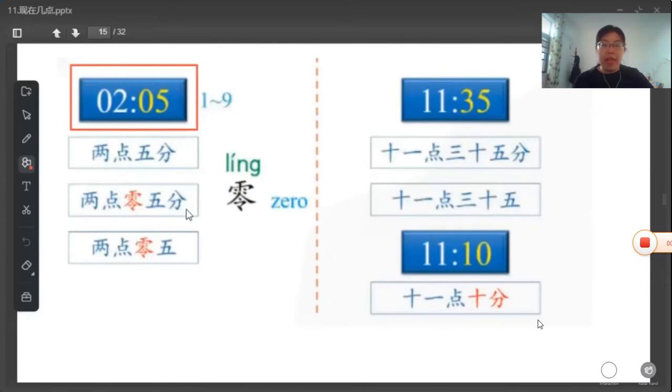But for 10分, 20分, 30分, 40分, 50分, this time we cannot omit 分. We must add 分.